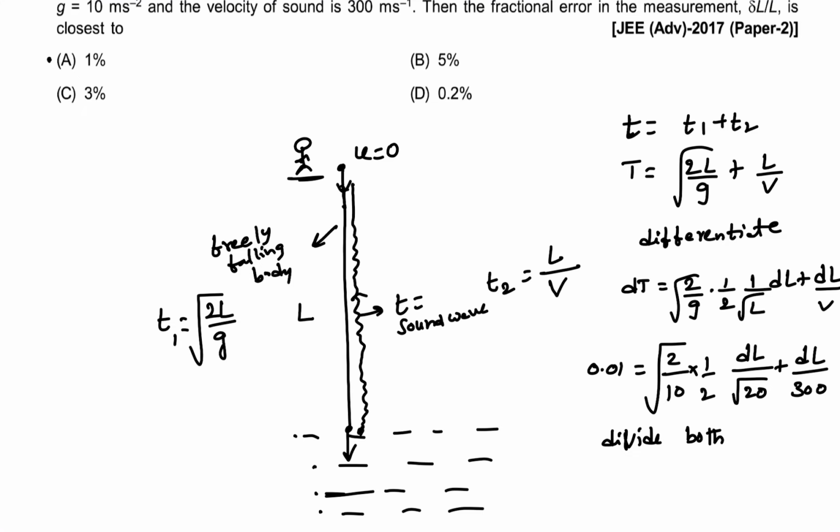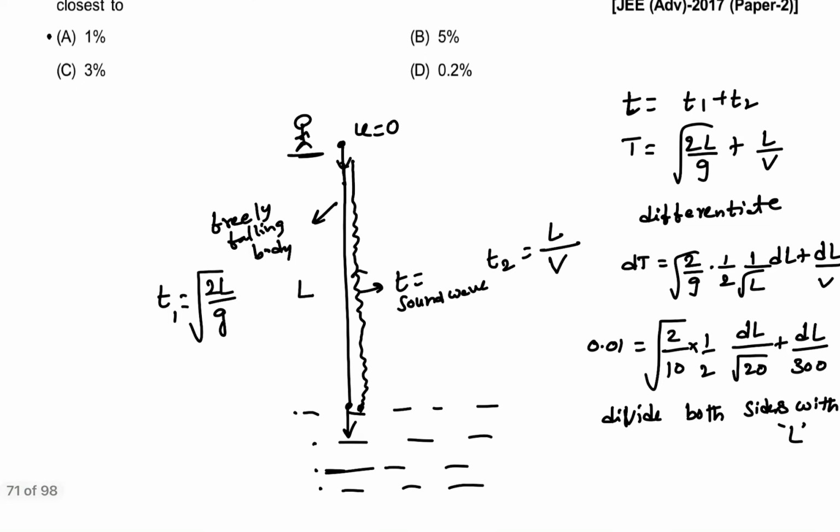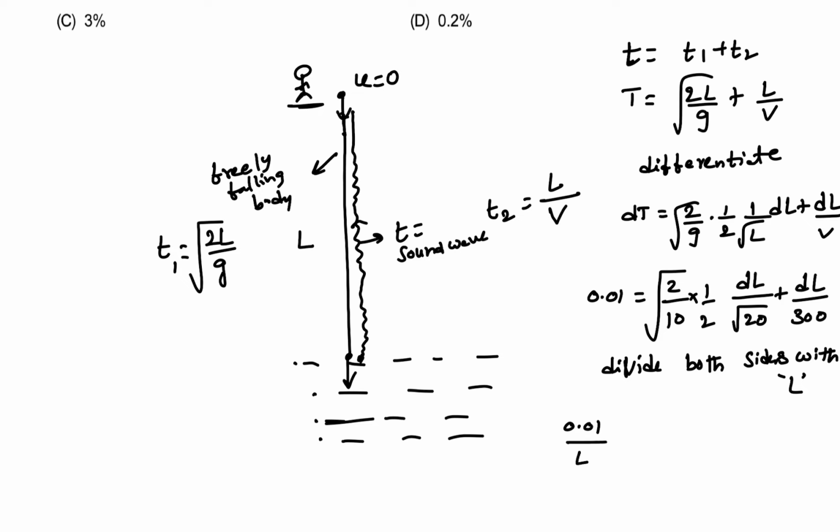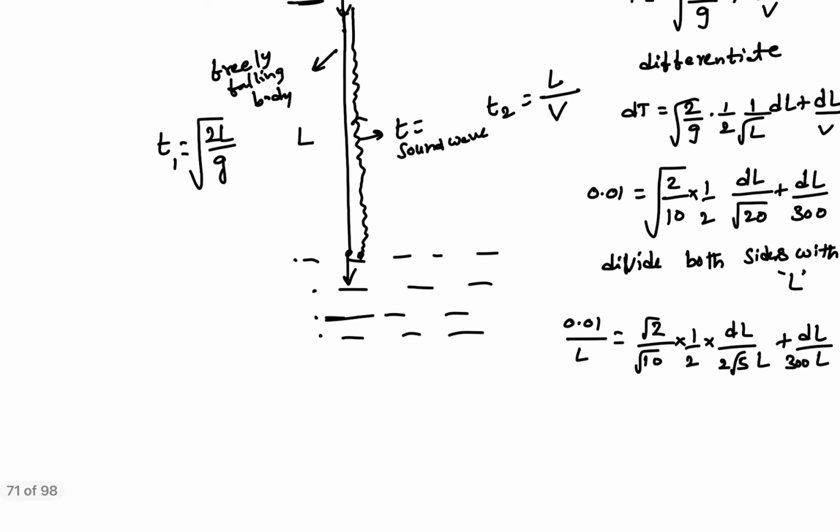Now we don't want the dL value, we want dL by L, so just divide both sides by L. Calculation we can do in any manner. 0.01 divided by L is equal to root 2 divided by root 10, into 1 by 2 into dL divided by 2 root 5, plus dL by L into 1 by 300.